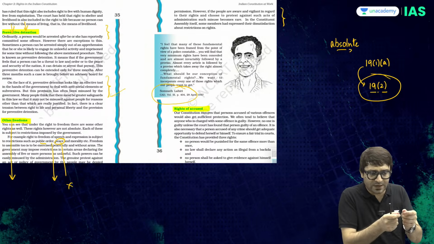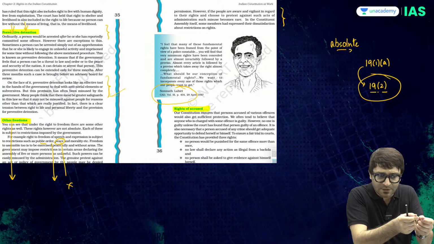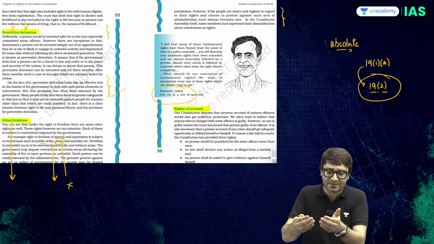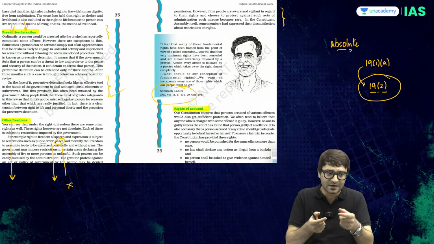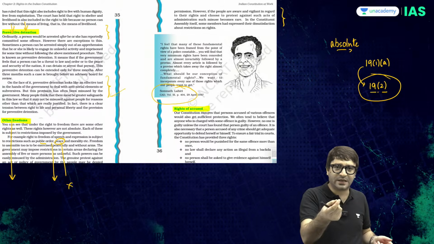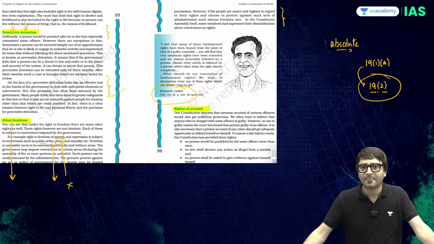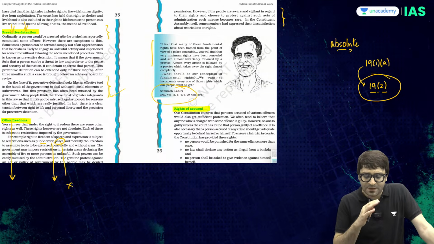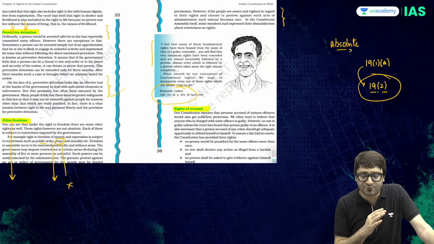It's like your employer is giving you the salary, but once the salary is handed over to you, on the other side, the salary is snatched from you. These are the contributions that you have to make for various funds. So at the end, you are left with peanuts. Mr. Sarmad Mehraj Sir asks, I feel that many of these fundamental rights have been framed from the point of view of a police constable.